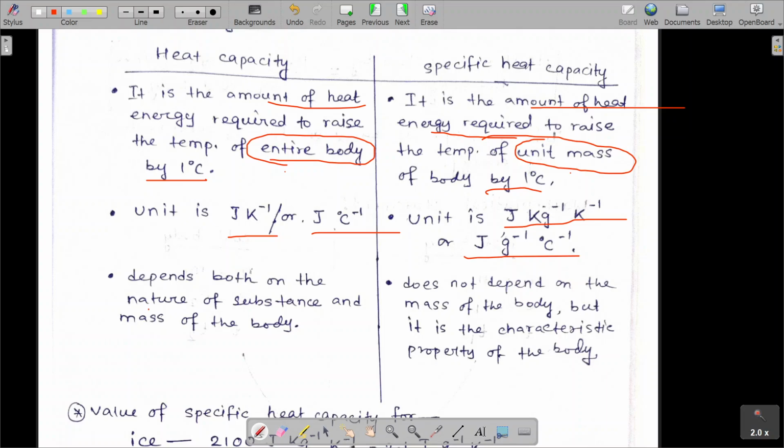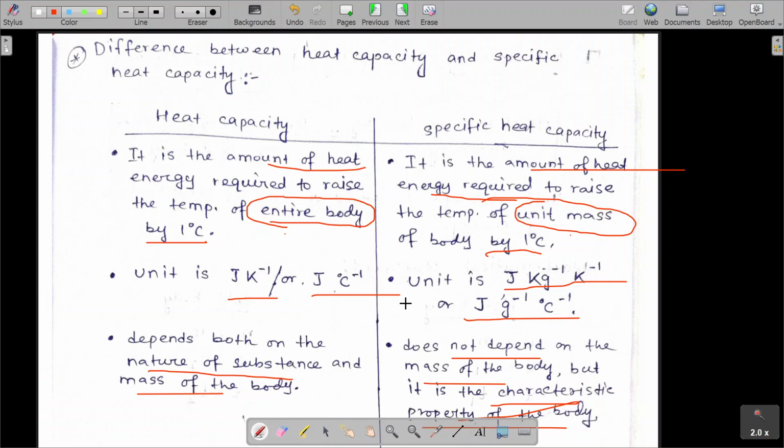Heat capacity depends on both the nature of the substance and the mass of the body, and specific heat capacity does not depend on the mass of the body. It is the characteristic property of the substance. One thing I forgot to tell: specific heat capacity is the property of the substance or material. It will not change.